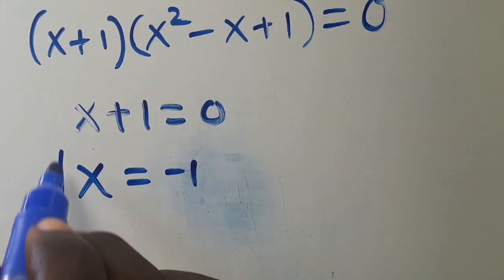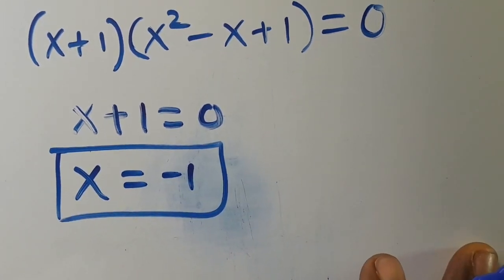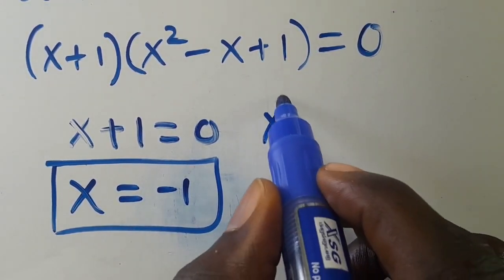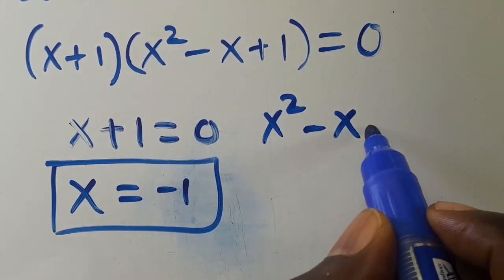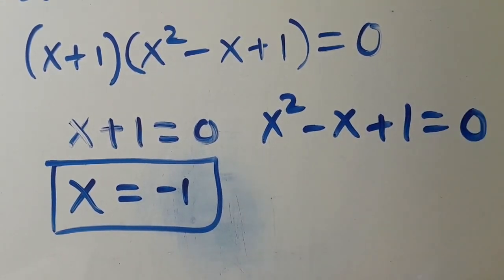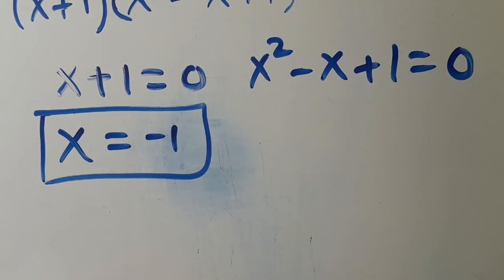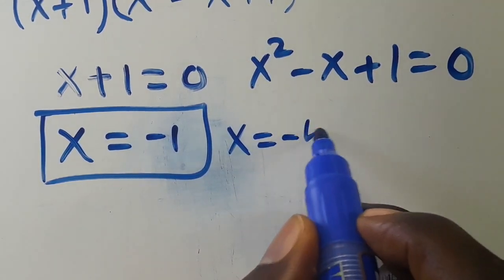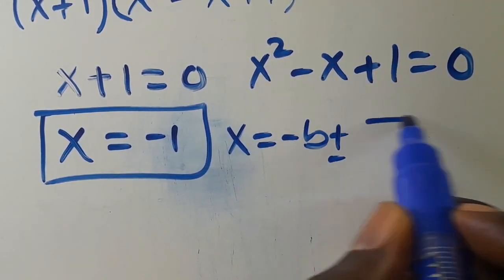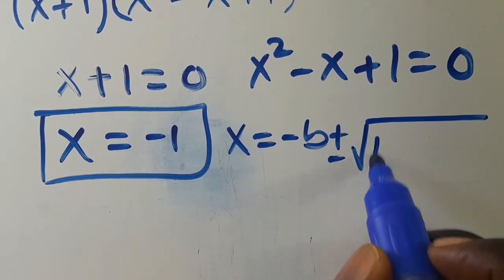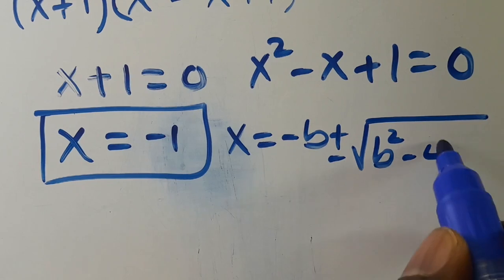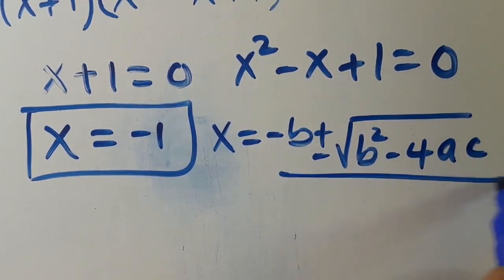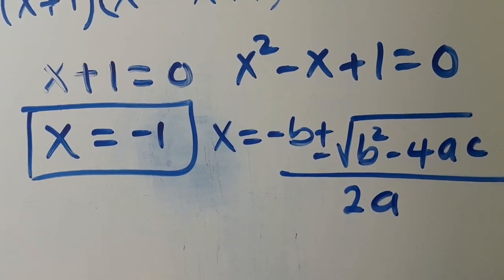Another resolution. Then from here, we have x squared minus x plus 1 equal to 0. Then we can use the quadratic formula: x equals minus b, positive or negative, root of b squared minus 4ac, then divided by 2a.